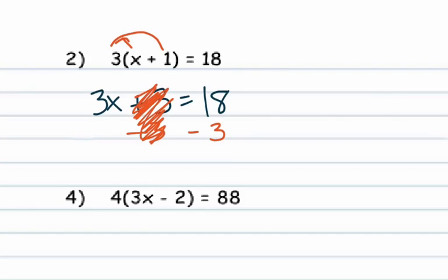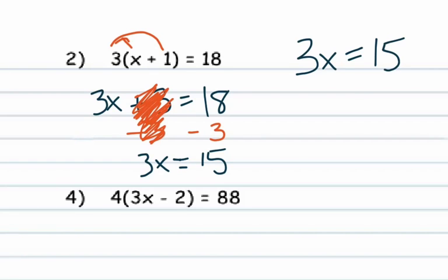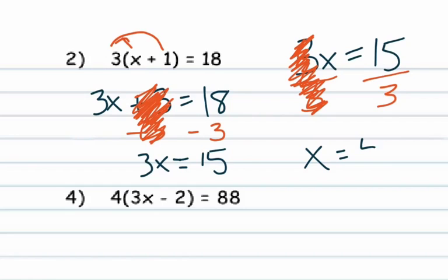These 3s go away. And then we're left with 3x equals 15. So I'm going to write it over here. 3x equals 15. Then we need to divide by 3 on both sides. These 3s go away. And we're left with x equals 5.